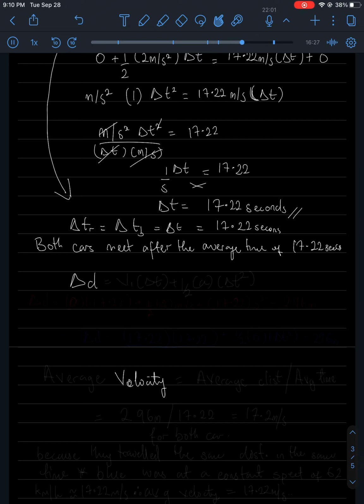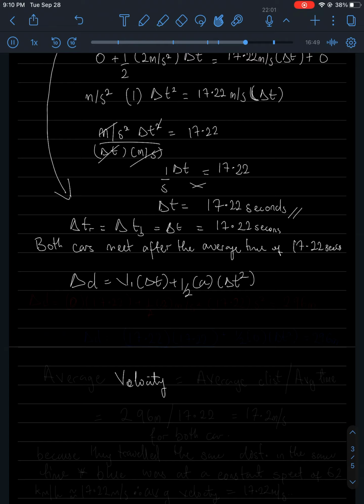Equation 3 is change in distance is equal to initial velocity times change in time plus 1/2 acceleration times change in time squared.